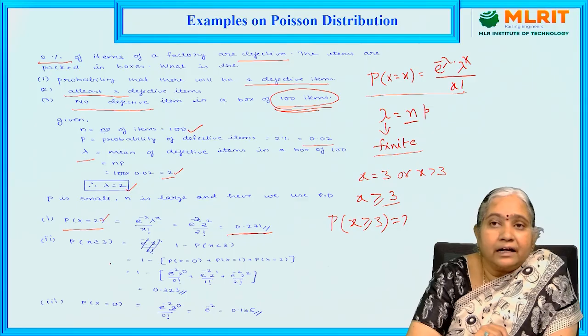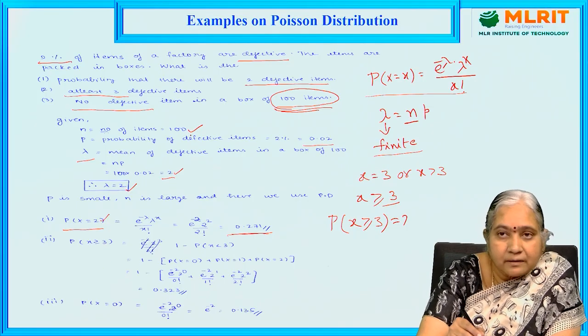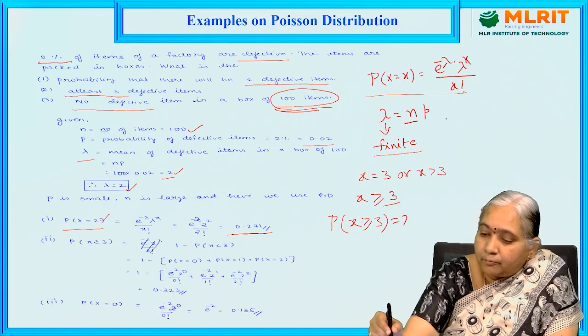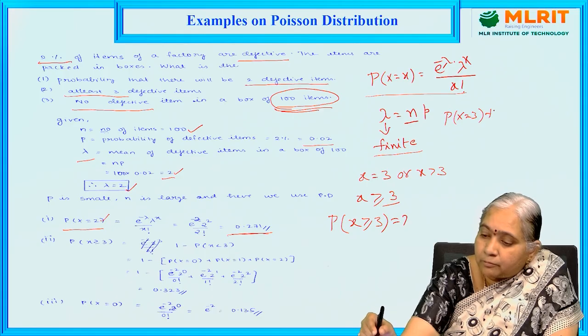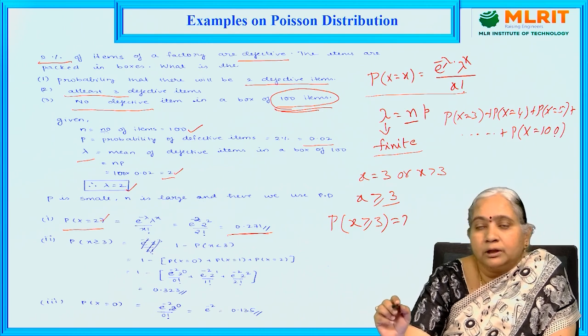Now x greater than or equal to 3 means 3 is the minimum value and 100 is the maximum value. So from 3 to 100: probability of x equal to 3 plus probability of x equal to 4 plus probability of x equal to 5 plus, until probability of x is equal to 100, since the box contains a total of 100 items.